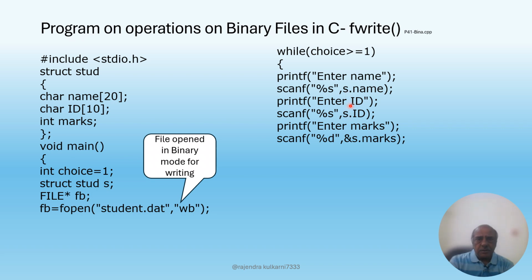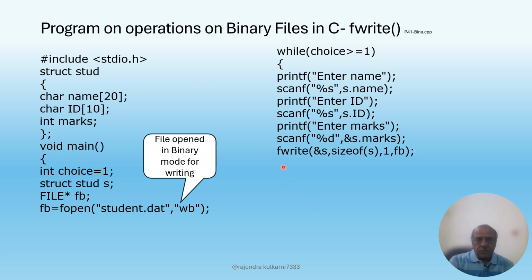The reason being, the name of a string or name of a char array is itself pointing to the base address of that array or that string, whereas for other variables or other data types, we have to specifically use ampersand in association with the name of the variable while using the scanf function.